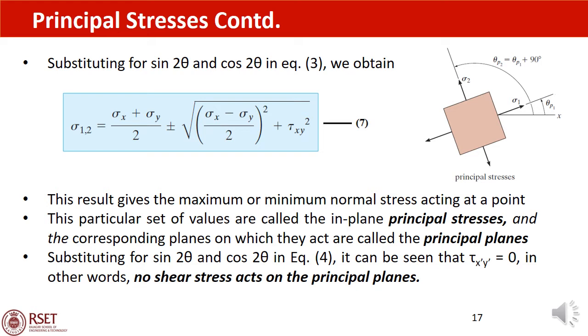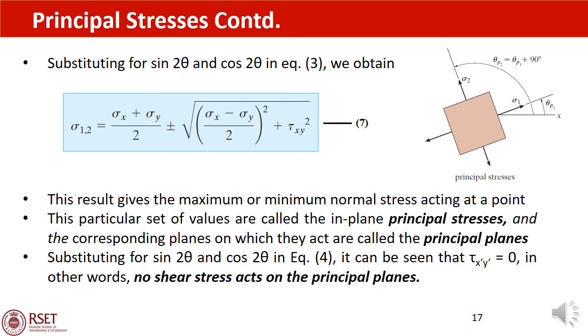So we get sigma 1 acting along a plane at an angle theta p1 from the original x-axis, and sigma 2, the minimum principal stress, acting on a plane theta p2 equal to theta p1 plus 90 degrees from the original x-axis.